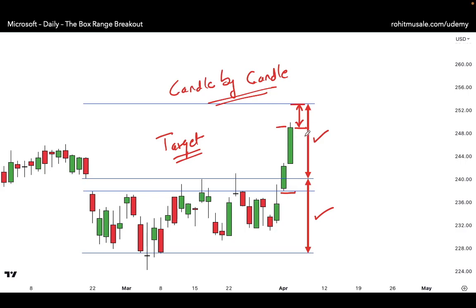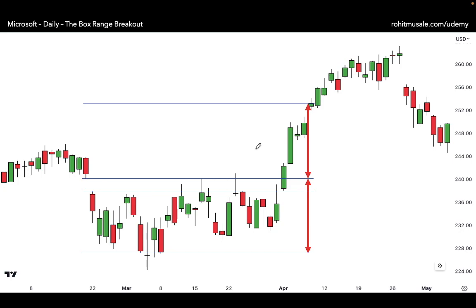And after the close of each candle, you decide whether you want to remain in the position or you want to exit from the position, or if you want to take a partial exit from the position, right? When you take a partial exit, you can move the stop loss from here to here. And look what happens here. The market continues to go up. So this box range breakout is very powerful.